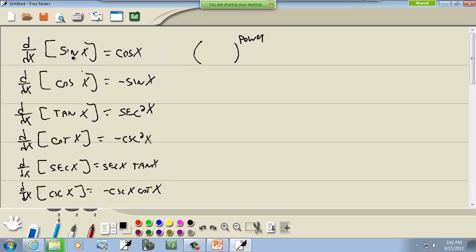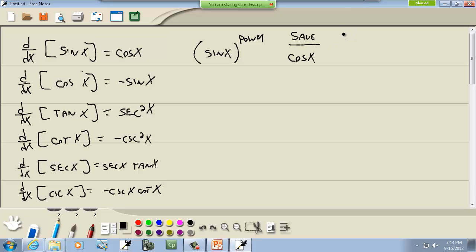Now, if we have sine, for example, inside the parentheses, then our u would be sine, and our derivative would be cosine. So we're going to want to save a cosine. We'll see more about what that means in a little bit, but we need a cosine for the u substitution.